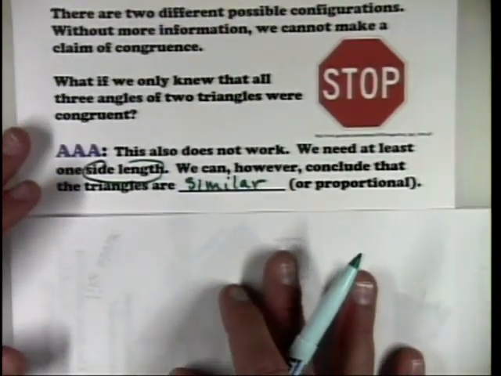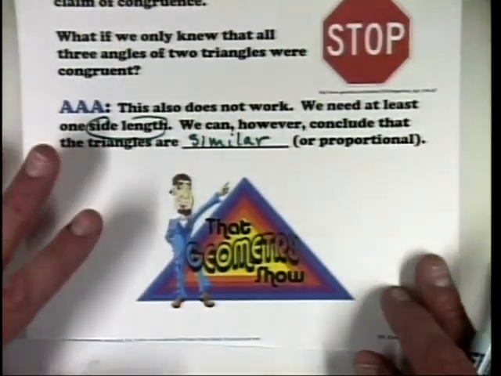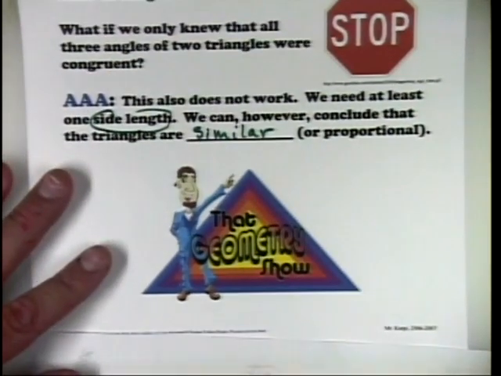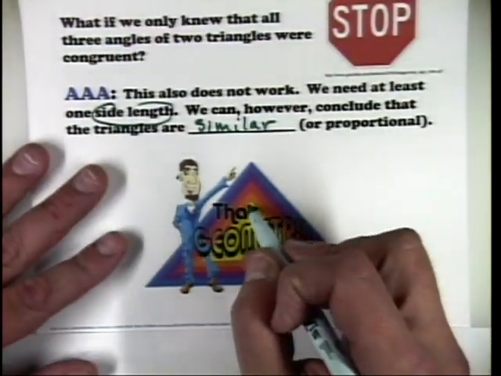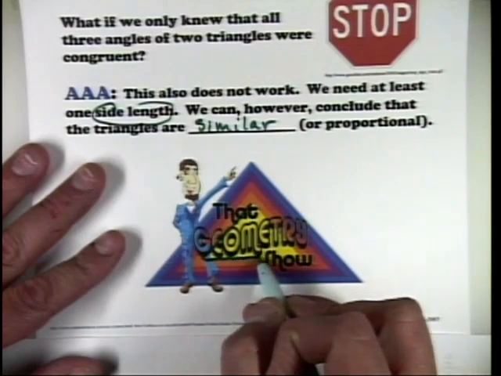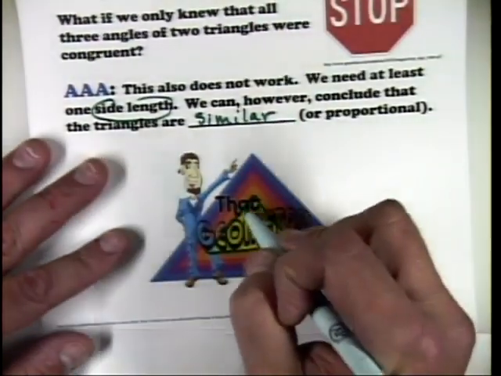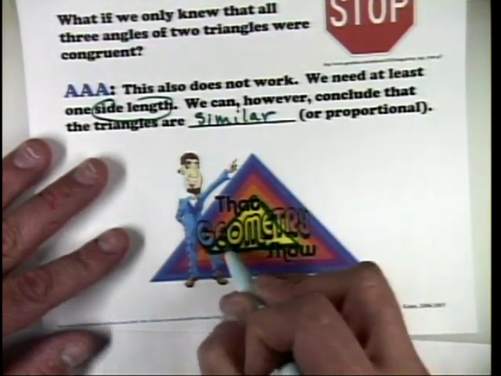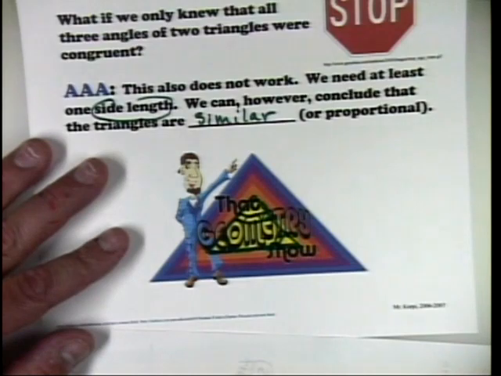And here's a good example. Y'all have been looking at this logo a lot. The logo for that geometry show is a very good example to show that if we just have three angles, the two triangles are not necessarily congruent. Let's look at this smallest triangle that's in this awesome logo right here. Okay? In this triangle right here, I can say that I have this angle. I know it's kind of hard to see, and I have that angle there.